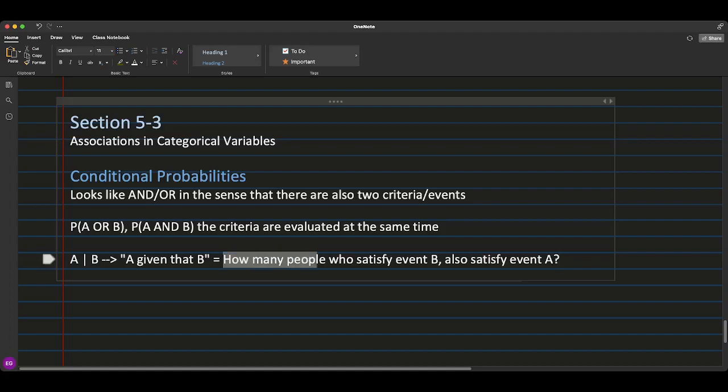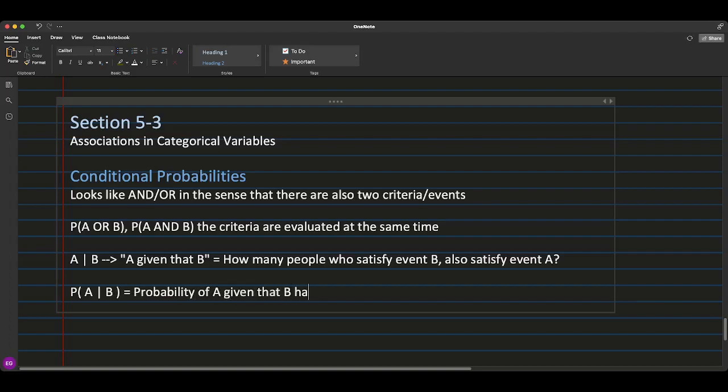We're saying, hey, it's a given that B happened. Now, for how many of those did A happen? So we would write this as the probability of A given that B, the probability of A given that B has occurred. That's what I mean by it's a sequence of events. We're saying, look, B happened. Whatever B is, done. Now we're wondering, in those cases, what's the chance that A happens?